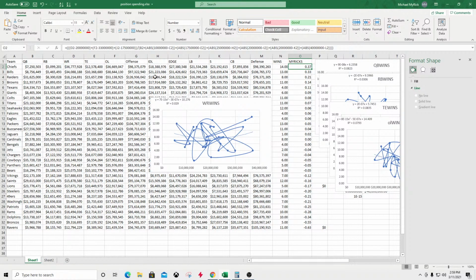I don't know. It makes sense. It's just weird that we had to move the quarterbacks into the bottom, because, I mean, mathematically it makes logical sense. All right.